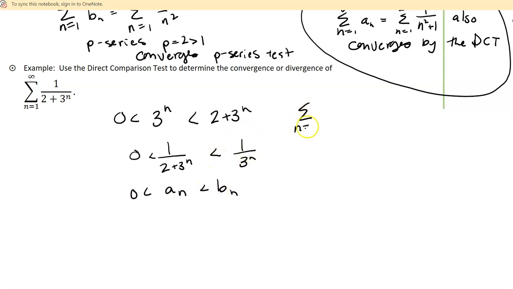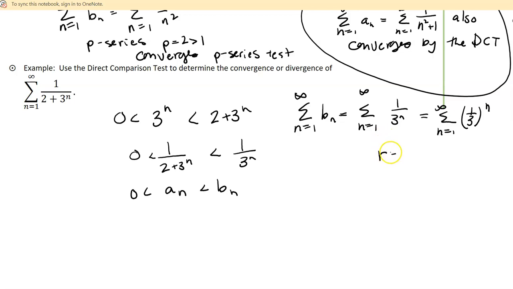So the sum from 1 to infinity of b sub n will be the sum from 1 to infinity of 1 over 3 to the nth power, which we can write as the sum from 1 to infinity of 1/3 to the nth power, because you could have 1 to the n over 3 to the n. So this would be r equals 1/3. The absolute value of that is less than 1.